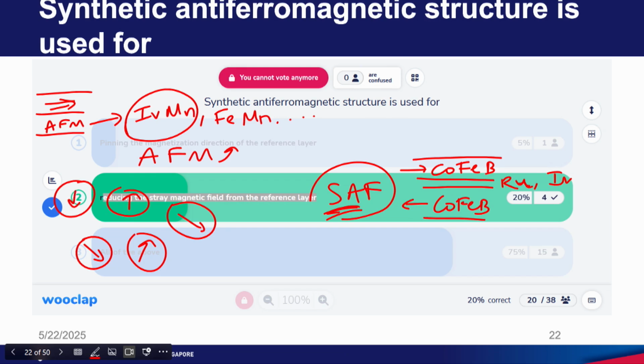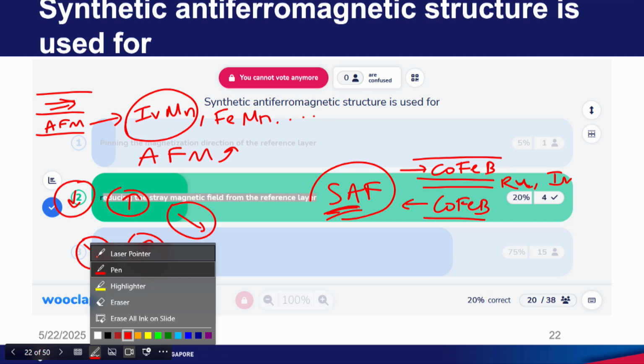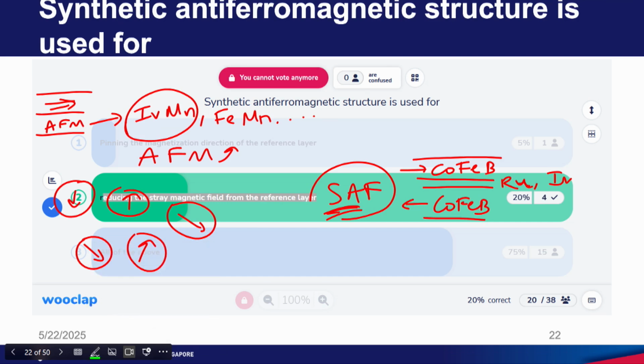If the top magnetization is pointing in one particular direction, the bottom will be anti-parallel to that. So, what synthetic antiferromagnetism does is only this. It will make the top and bottom anti-parallel to each other, but it cannot help in pinning this magnetization to any particular direction. For pinning you need this concept and the magnetic field annealing.